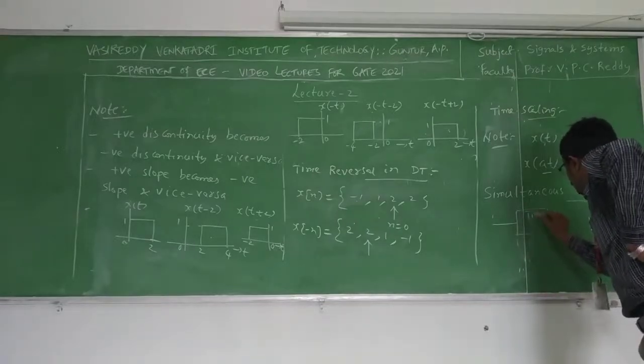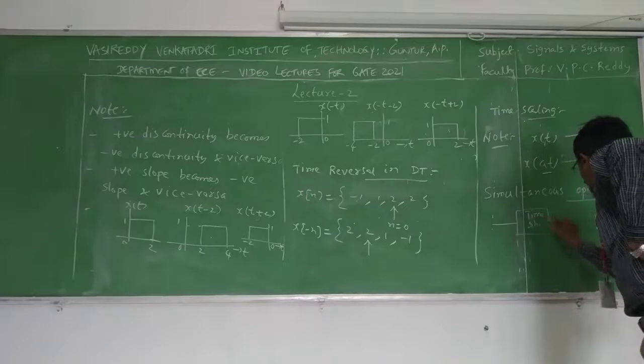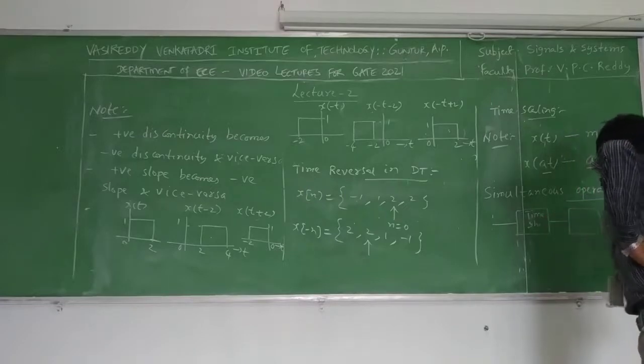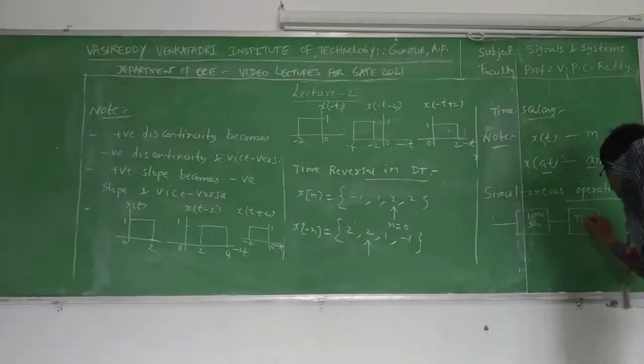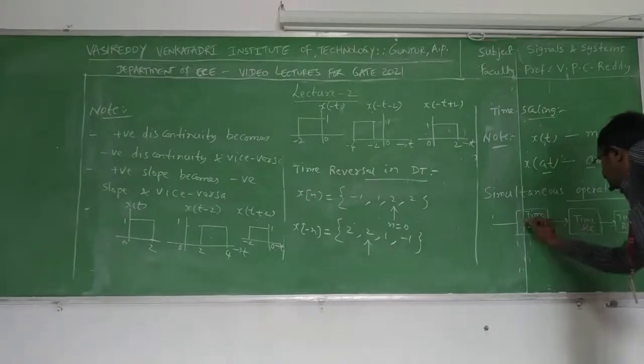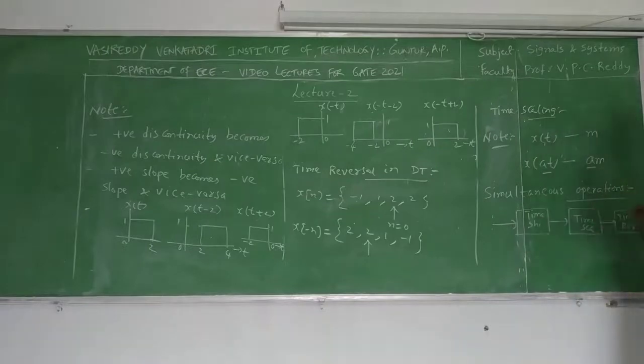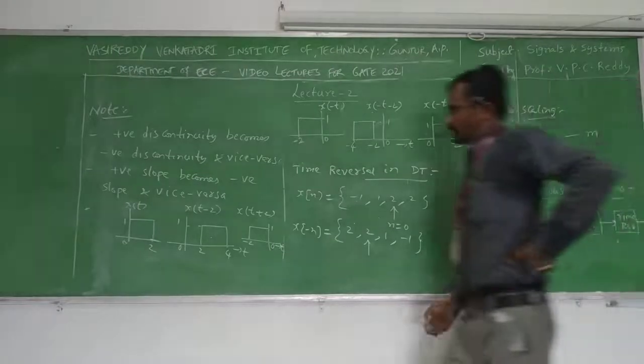Time shifting, then time scaling, then time reversal. Moreover, you can interchange these two, there is no parameter. So time shifting, time scaling, and time reversal. This is one possibility.